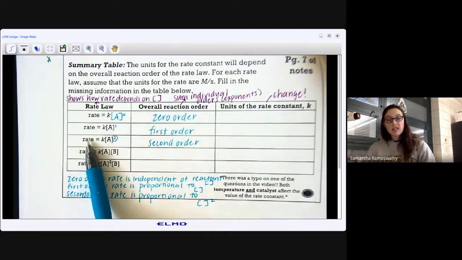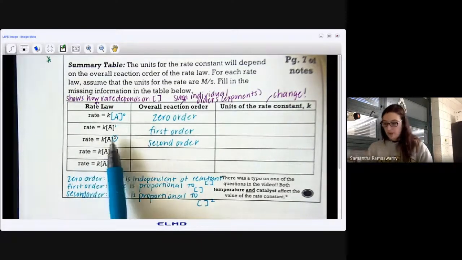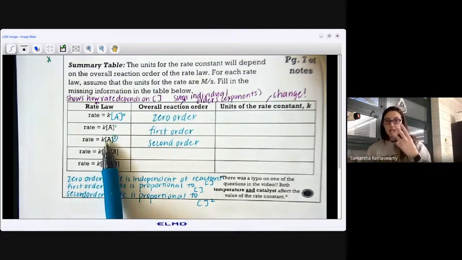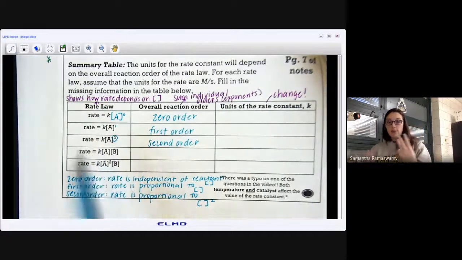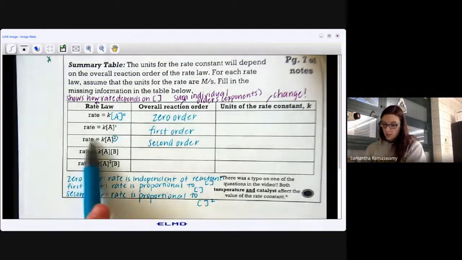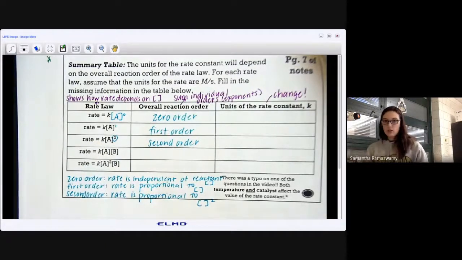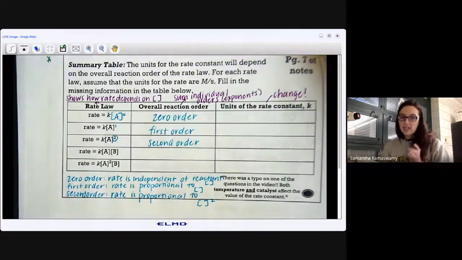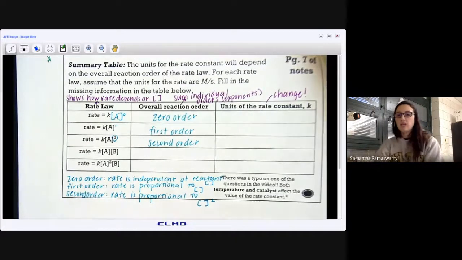The rate is going to increase 4 times. It's going to quadruple. Or if I triple the concentration, I'm changing it 3 times. 3 squared is 9. The rate will increase 9 times. So that's what we mean by proportional to the square. And we're going to look at actual examples of determining the rate law.